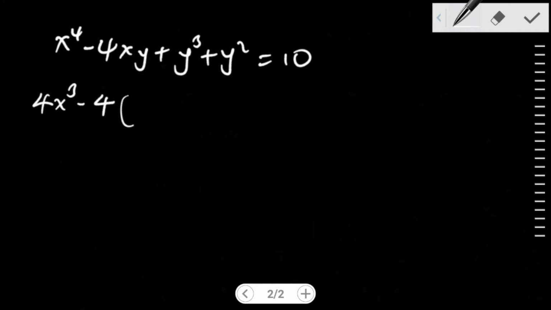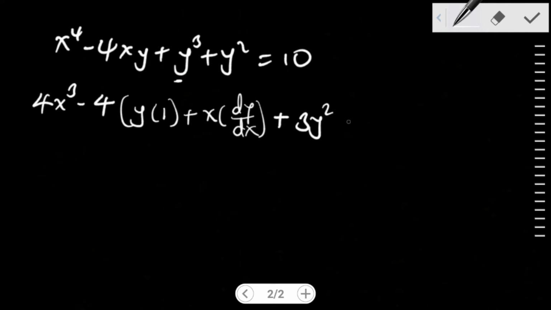Now with the product rule, this would be y into 1 plus x dy/dx, because I'm differentiating y with respect to x. Now plus 3y squared dy/dx, and plus 2y dy/dx.